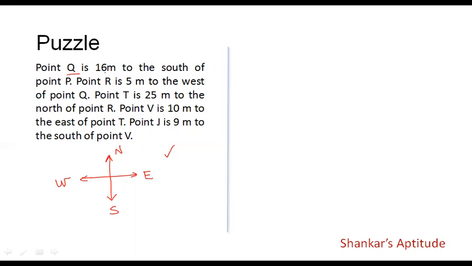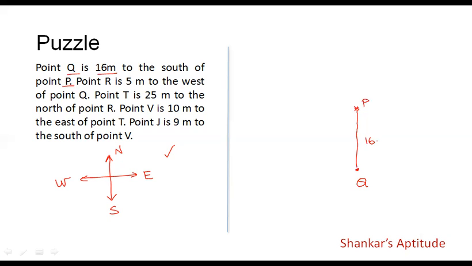Point Q is 16 meters to the south of point P. So if I consider point P is located here, point Q will be located to the south of point P, 16 meters away. So we can consider that point Q will be located here.